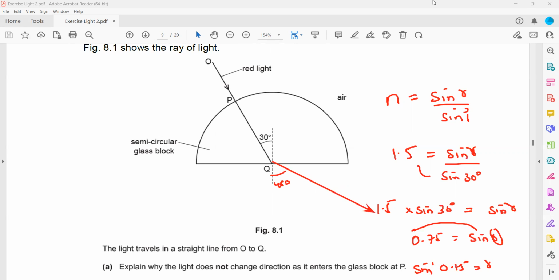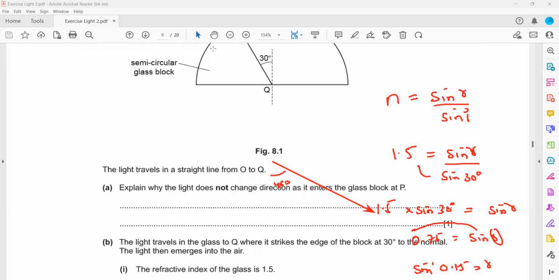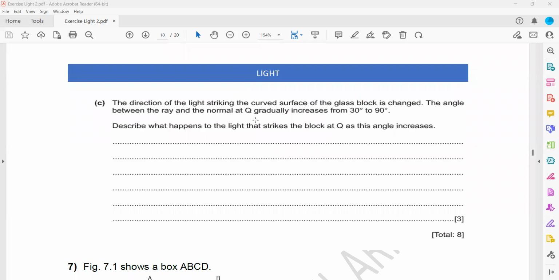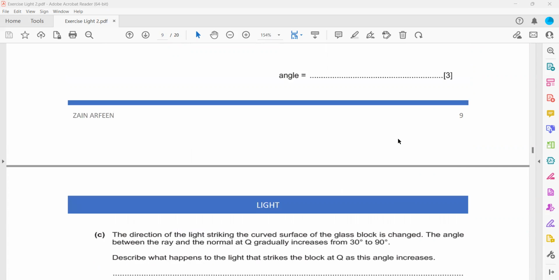I think the next question is: the direction of a light striking the curved surface is changed, and the angle between the ray and the normal is gradually increased from 30 to 90. Describe what happens to the light that strikes the block at this increasing angle.